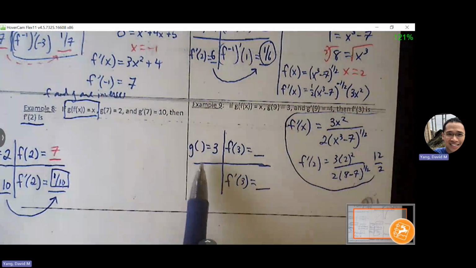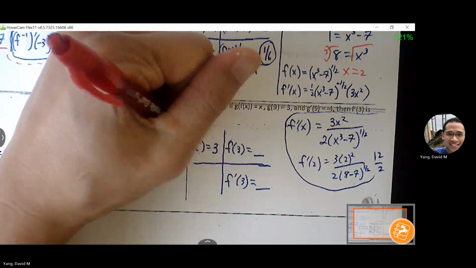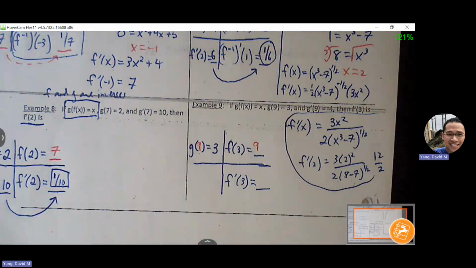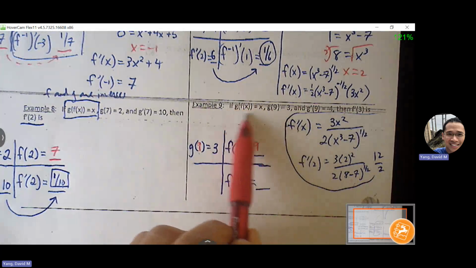Okay. What can we put in here that is given to us? g of 9. So if there's an ordered pair (9, 3) that lives on g, there must be an ordered pair (3, 9) that lives on f, because this tells us that we're dealing with inverse functions.